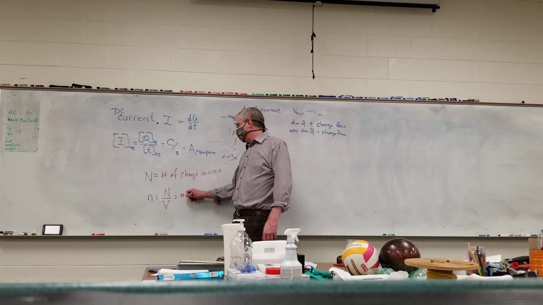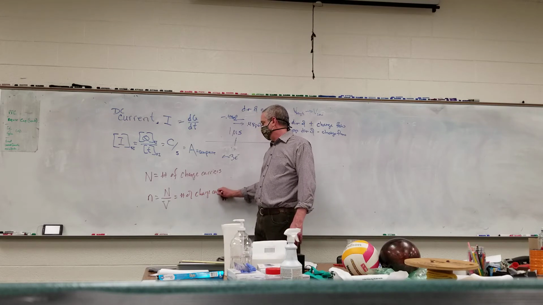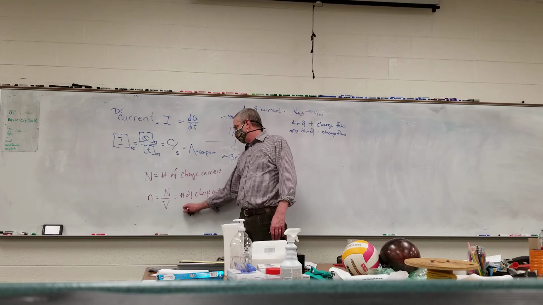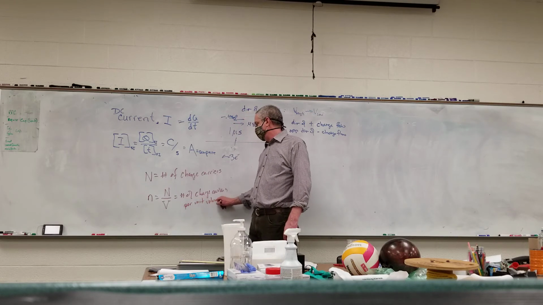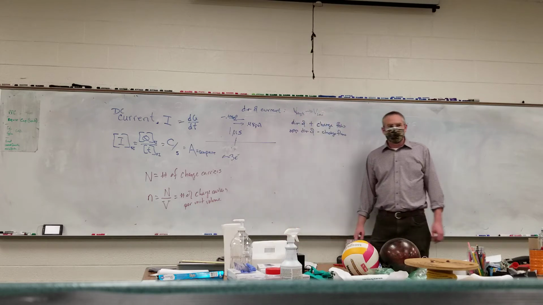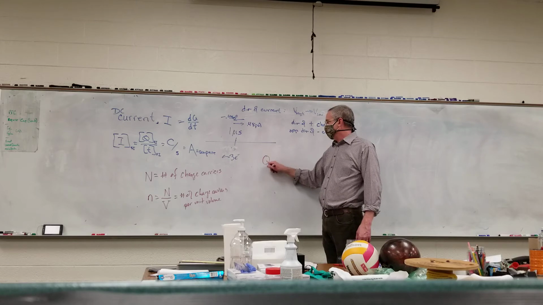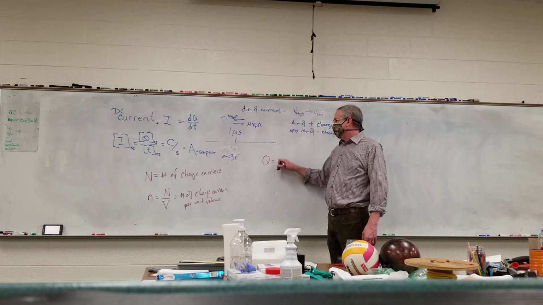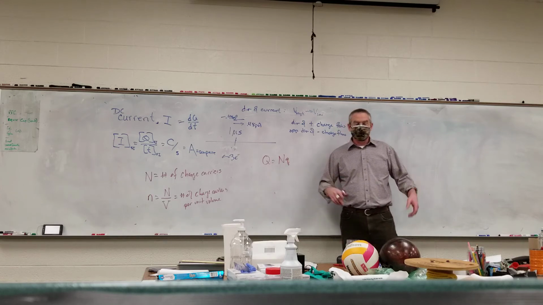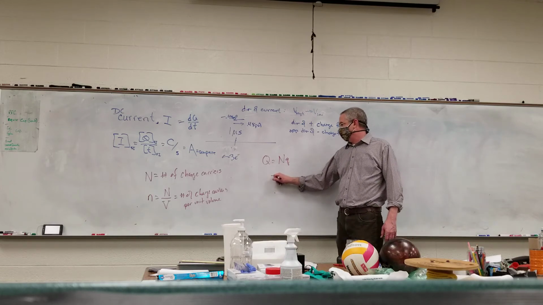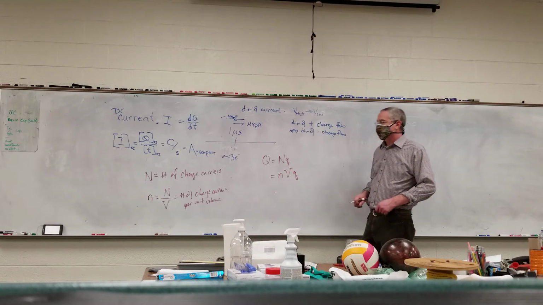So this is the number of charge carriers per unit volume. So if I want to look at the entire charge flow, this would be the number of charges times the charge of each of them, which is little n times capital V times Q. There we go.